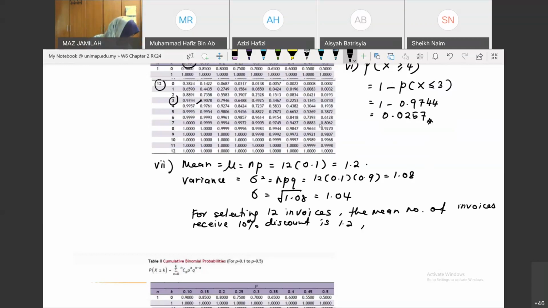And the variance is 1.08. This means that out of 12 invoices, the average number of invoices that will get the 10% discount is 1.2. Or we can say only one invoice will receive the discount. So very small probability, right?